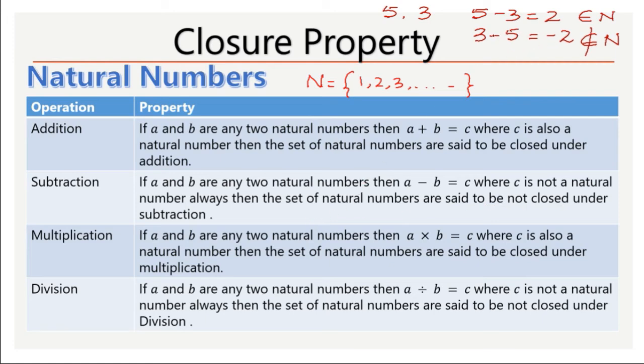Here, when I consider the difference of the numbers, I am getting a negative number. This particular negative number is not present in the set of natural numbers. So the set of natural numbers is not closed under subtraction.